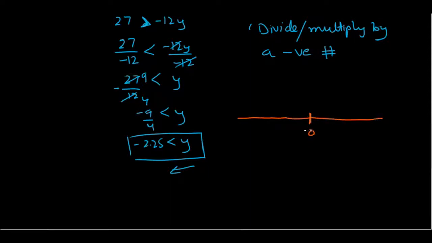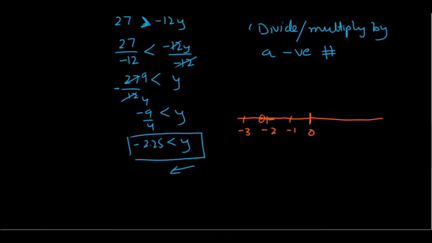Here's our 0. I have negative 1 here, negative 2 here, negative 3 here. Negative 2.25 would be somewhere over here, right? I'm going to circle it, and this inequality tells me that y is anything bigger than negative 2.25, but it's not 2.25 itself, so that's why I have a circle here.